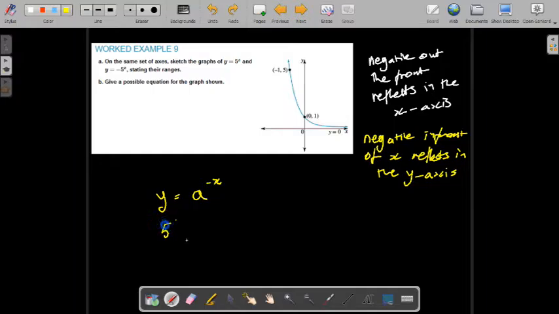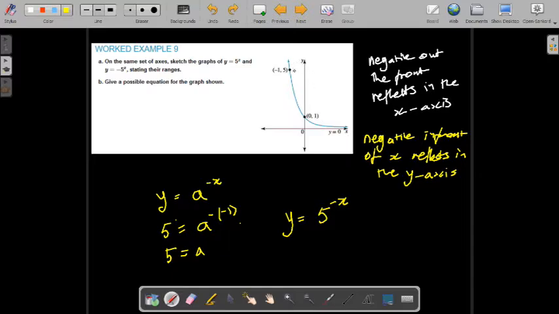Alright, so I can actually solve this. So 5 equals a to the minus 1, and obviously a equals 5. So my equation is going to be 5 to the minus x. Okay, so see what I've done there?